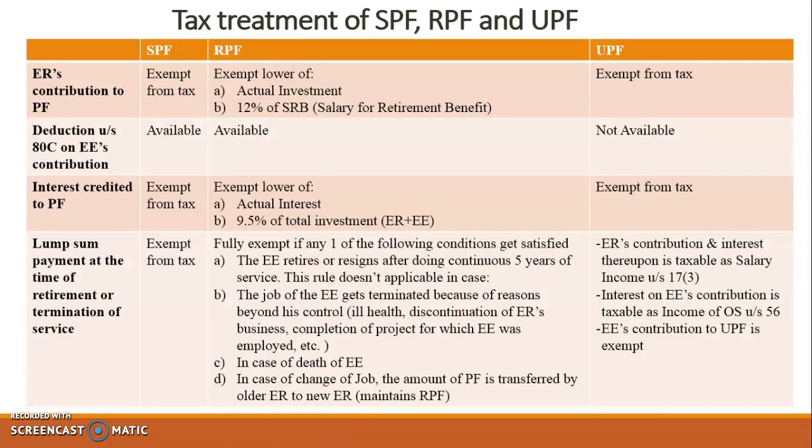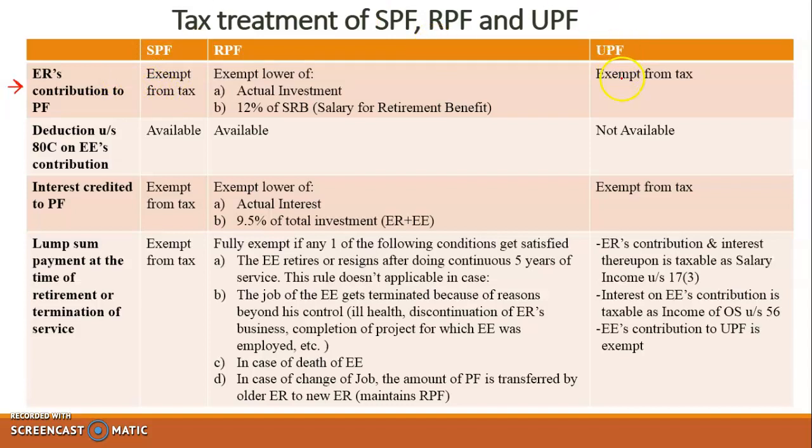Okay, so first we'll quickly revise the tax treatment of statutory provident fund, recognized provident fund and unrecognized provident fund. If I talk about the employer's contribution, whatever the company is contributing to the provident fund, under statutory provident fund it is exempt from tax.